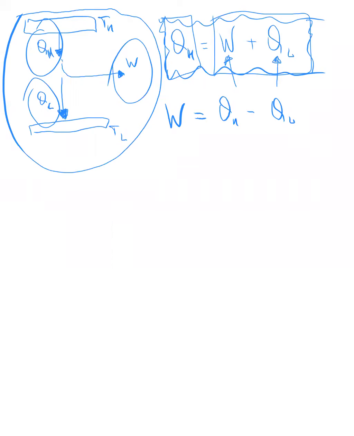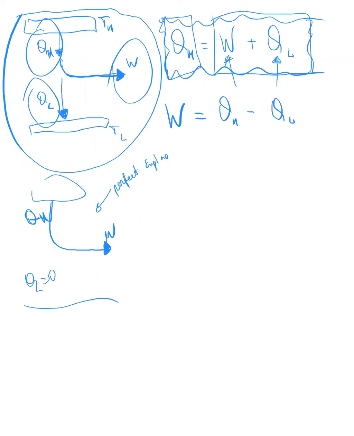Now, the more work we do, the more efficient the engine is. If somehow it was possible to take all this thermal energy and convert all of it to work, so that there was no QL, then this would be a perfect engine that would be using all of the thermal energy available to it. So this would be a perfect engine.